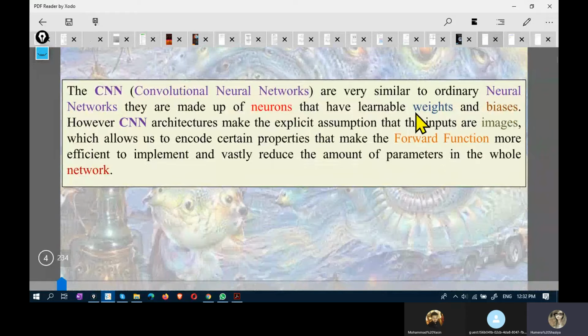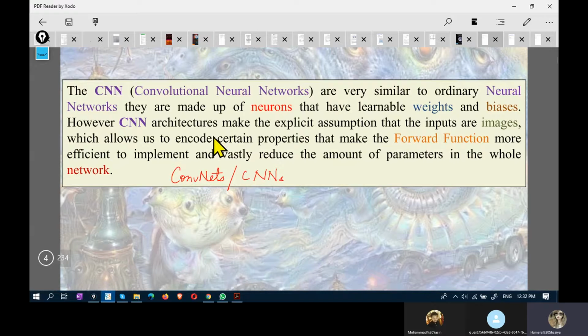Convolutional Neural Networks, or convolutions. You can also call them CNNs, or convolutional neural networks.